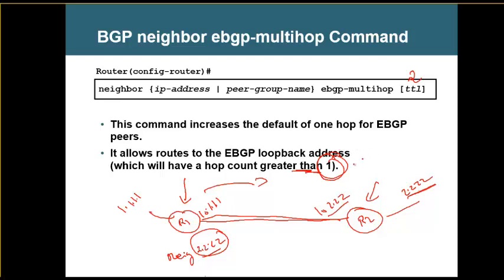But when you say multihop, BGP's that rule is broken. What rule? The neighbor address needs to be directly connected. The rule is broken. All that it will do is check whether I got a route. It need not be directly connected. I got a route.